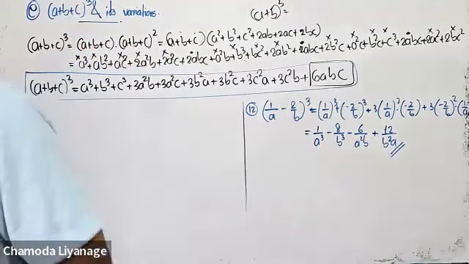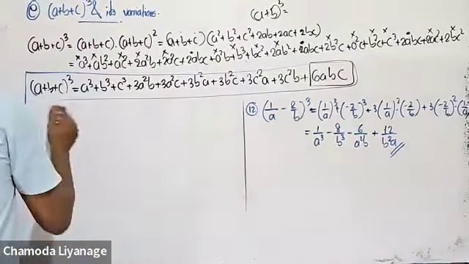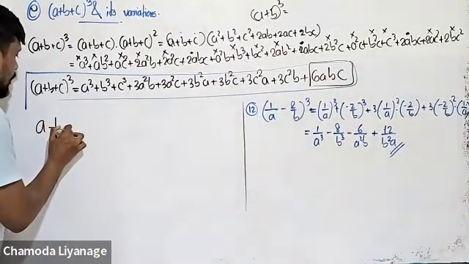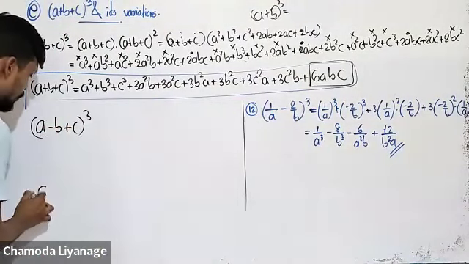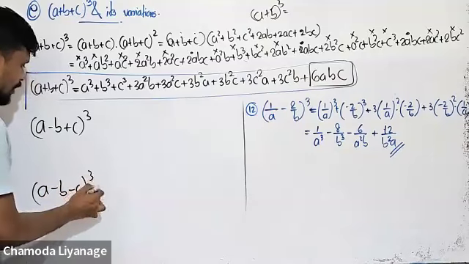Okay, first write down this. After that, get the expansions of these two. These are the variations.